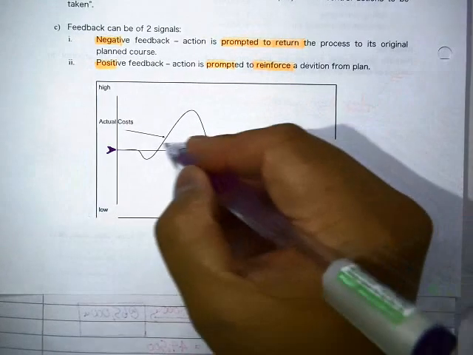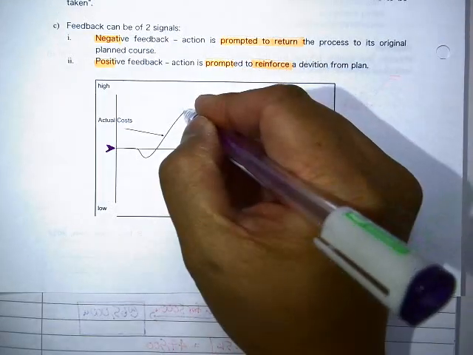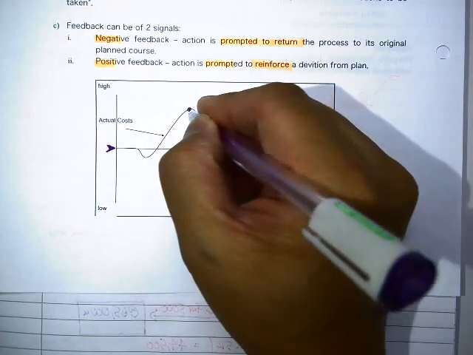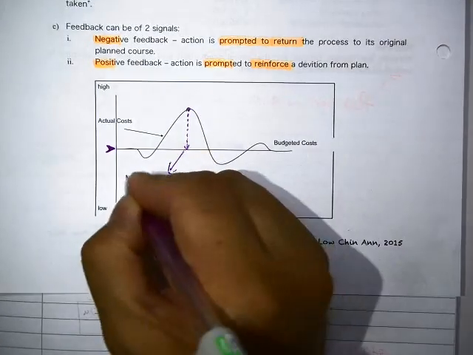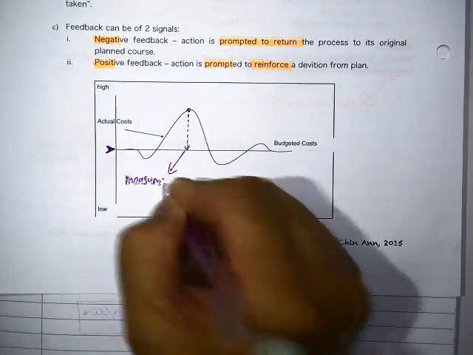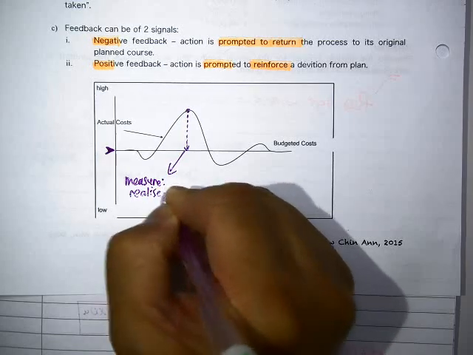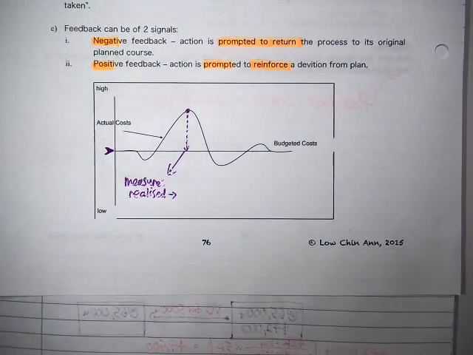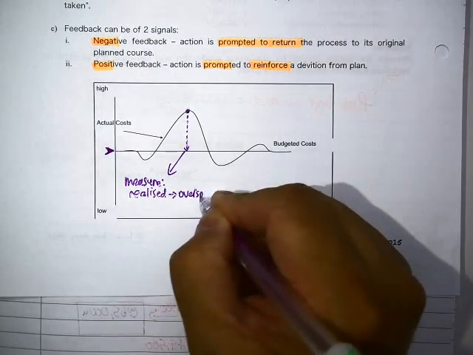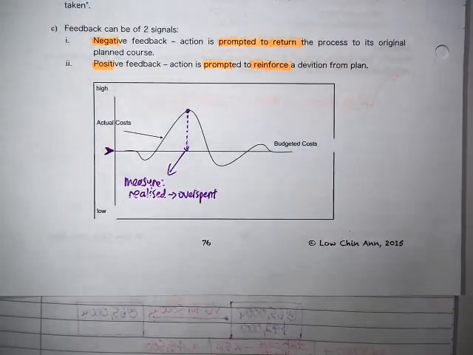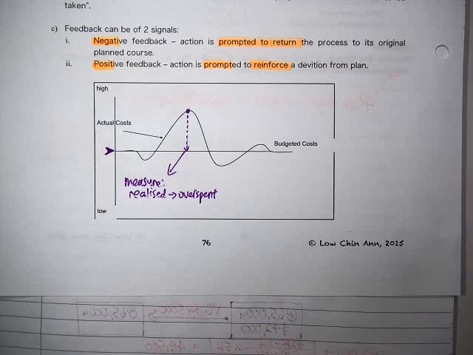So when you measure, let's say the feedback control tells you, at this point you measure, and from the measurement you realize you overspend. And it's not a little bit, you overspend a lot.